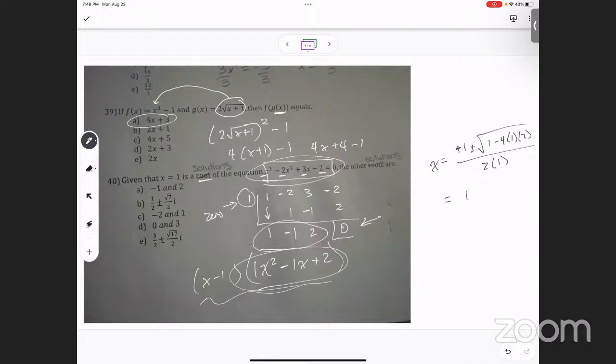Yeah, that's going to be an imaginary solution. It's going to be imaginary. So it's plus or minus the square root of, this is negative 8, so this is negative 7, all over 2. So it's 1/2. I'm distributing this 2 into both of these. 1/2 plus or minus the square root of 7/2 times i. That's how you pull that out.